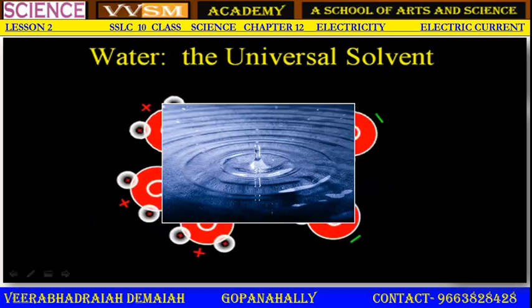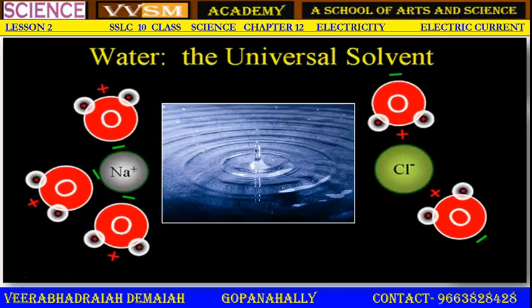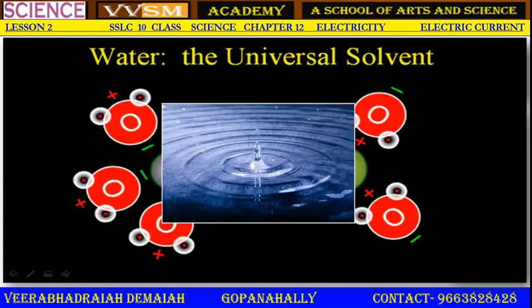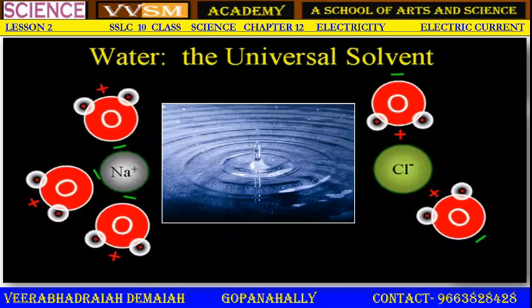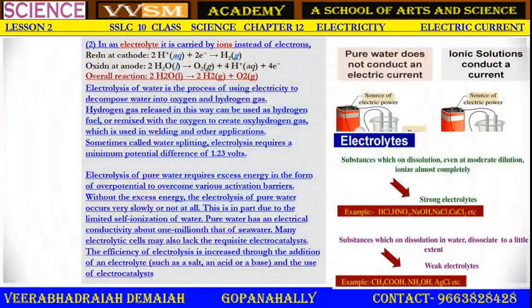Almost all substances which are dissolved in water give ions, positive ions and negative ions. Well, friends, in an electrolyte, current is carried by ions instead of electrons.